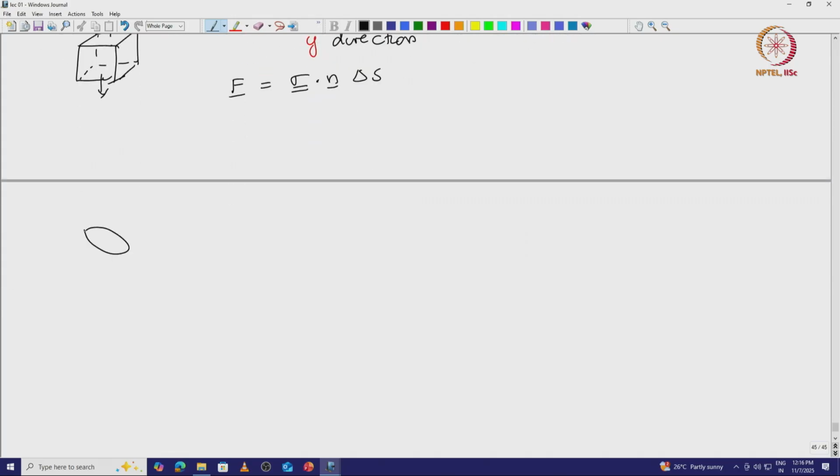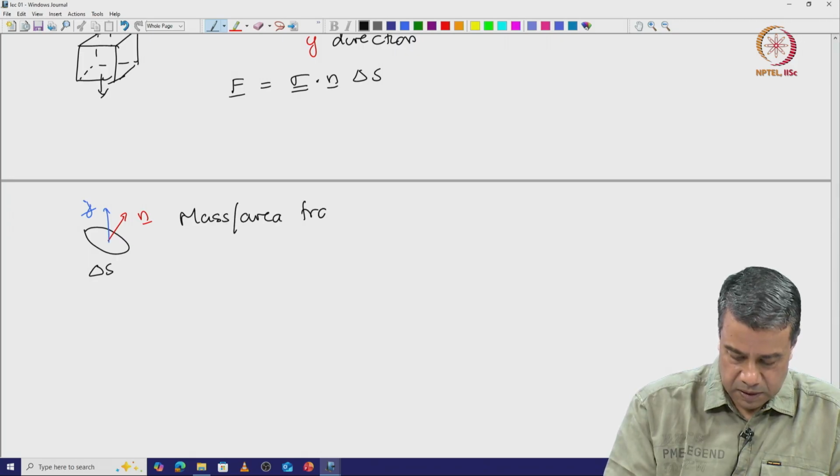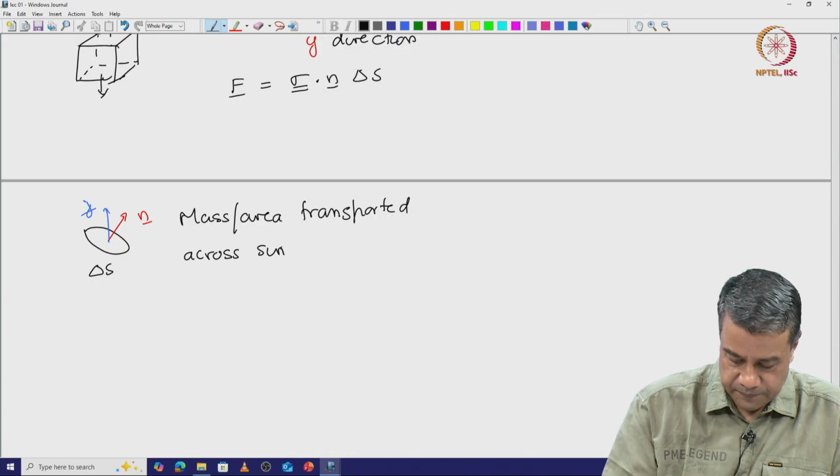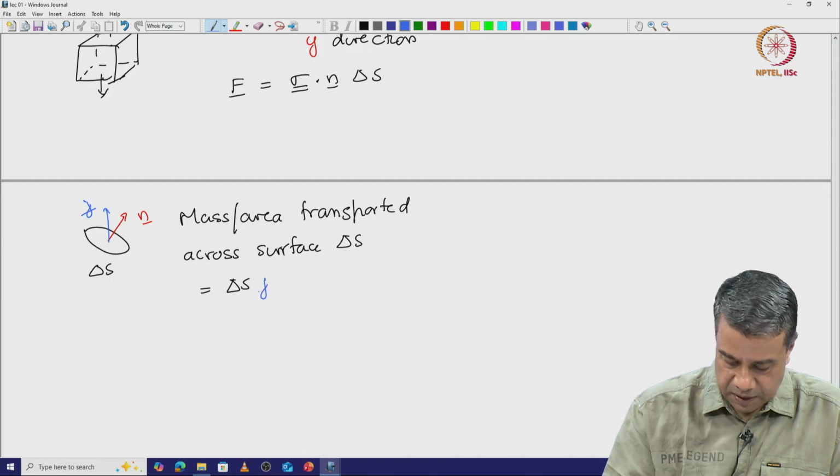If you recall, the mass flux J, if I have a surface with unit normal n, is defined such that the mass per area transported across the surface delta S will be equal to delta S times J vector dotted with the unit normal.